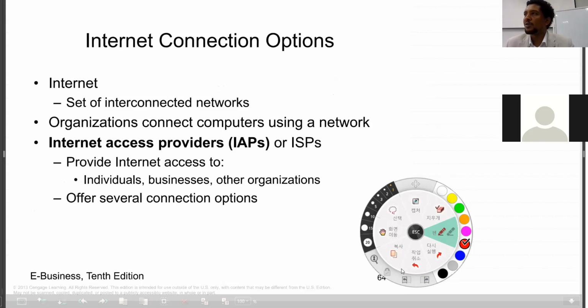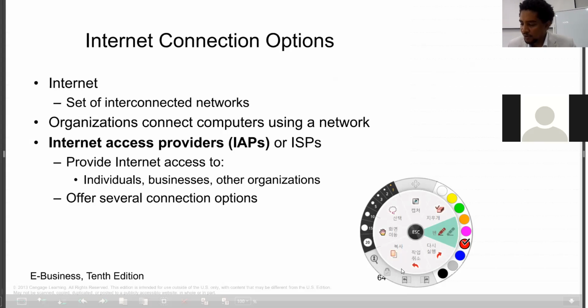If you remember. Now I don't think we use dial-up connection in Korea, right? Dial-up is a very slow connection because you can only transmit a maximum of 50 to 56 kilobytes per second.